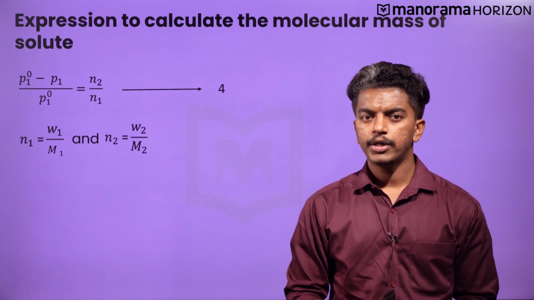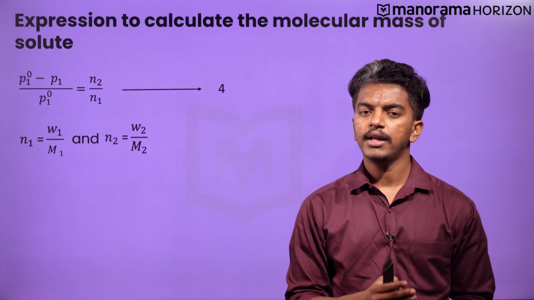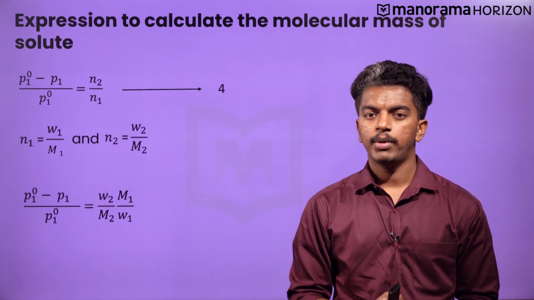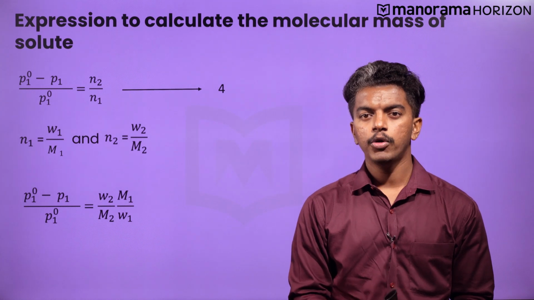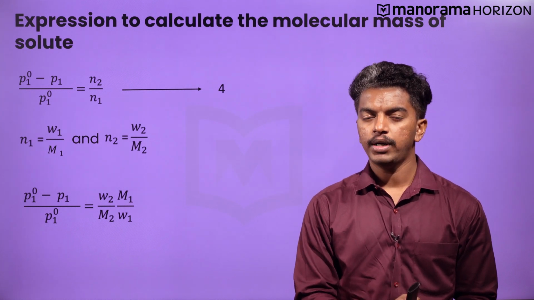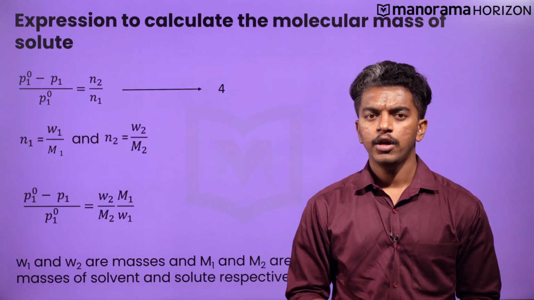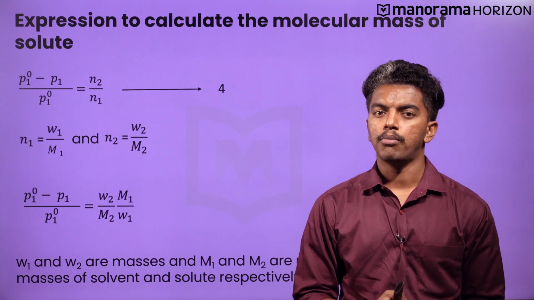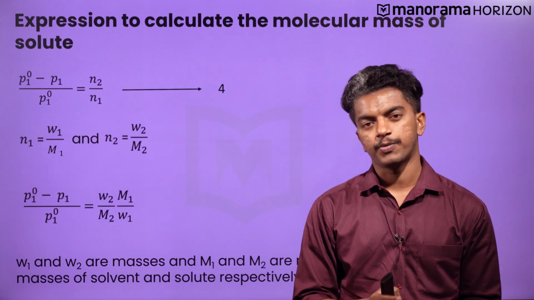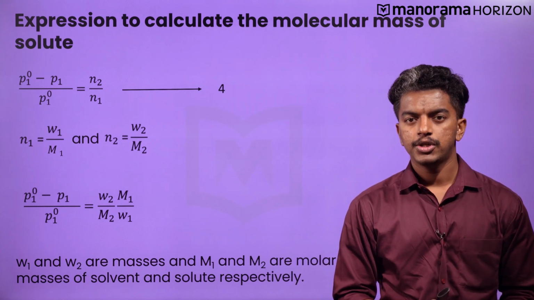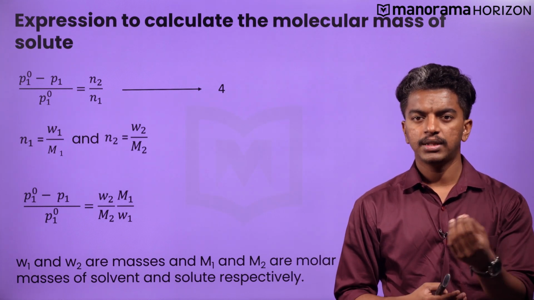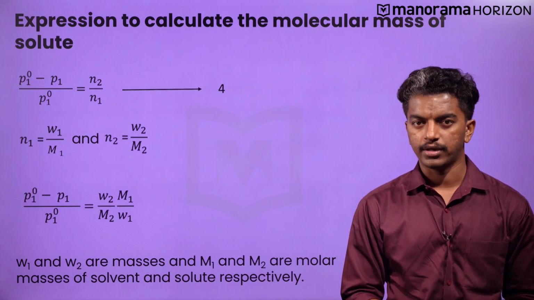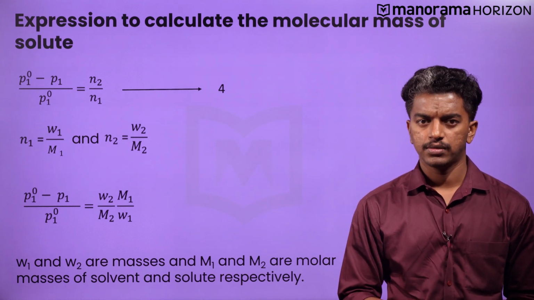Substituting this data in equation number 4, you may write the relative lowering of vapor pressure P1 0 minus P1 divided by P1 0 is equal to W2 divided by M2 into M1 divided by W1, where W1 and W2 are masses and M1 and M2 are the molar masses of solvent and solute respectively. This equation shows that knowing all the other quantities, the molar mass of solute, that is M2, can be calculated. You just need to rearrange the equation.